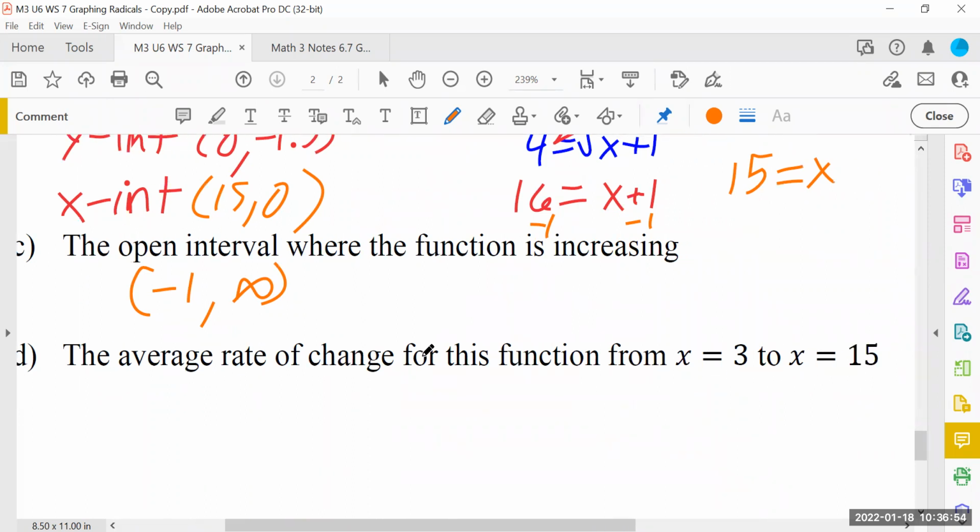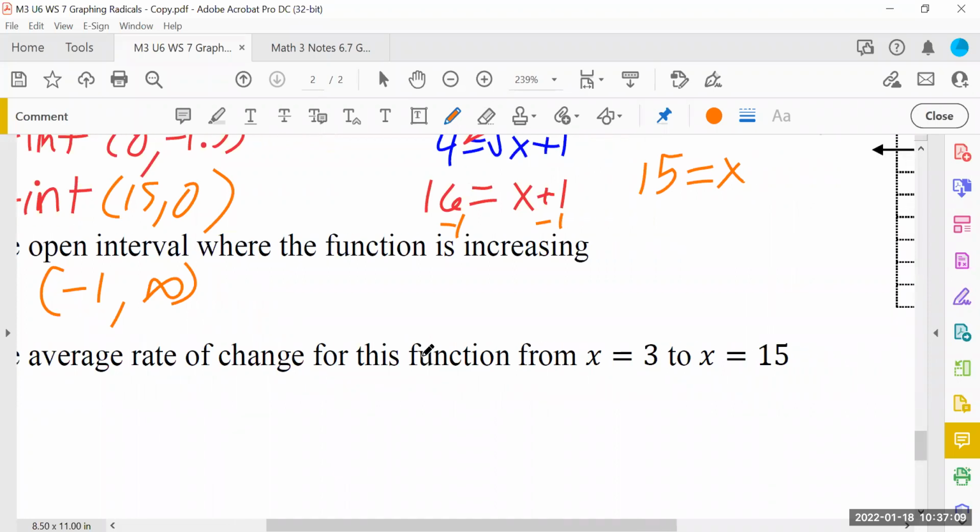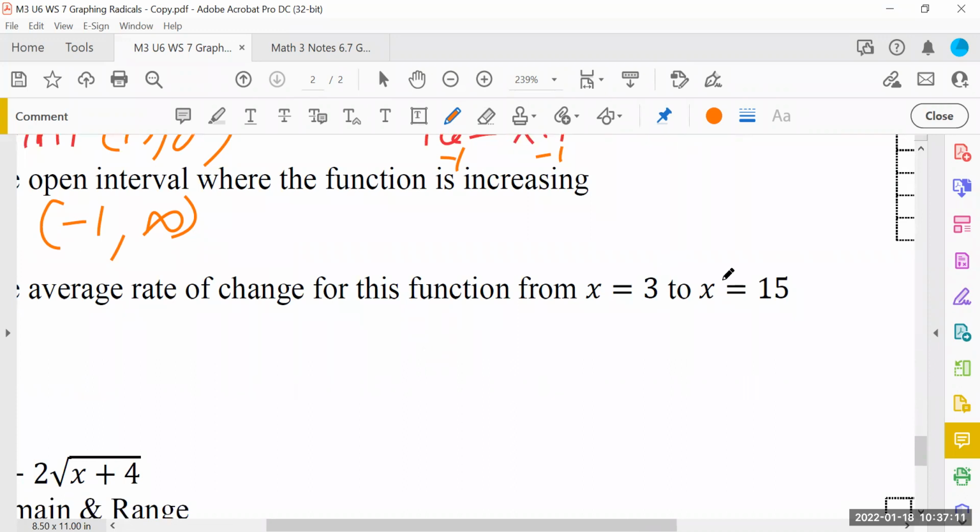Part D says the average rate of change. Oh, we haven't done average rate of change since like unit 1 or maybe unit 2. And then before that, it wasn't since like freshman year. So average rate of change is just the slope. How is the x's and y's changing? They already give us the x's from 3 to 15. So that's the bottom. It's going from 15 in the x to 3 in the x. But what about the y's? Wait a second.